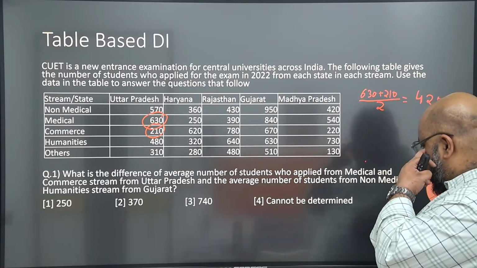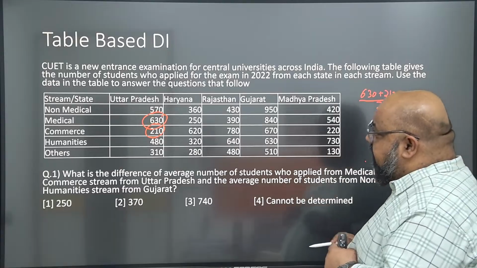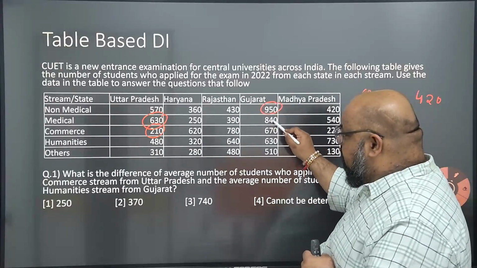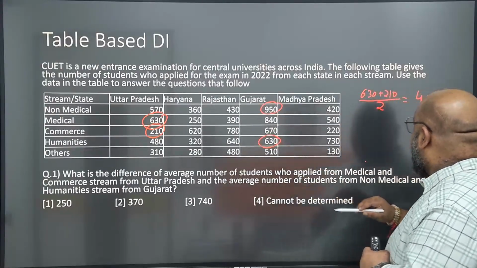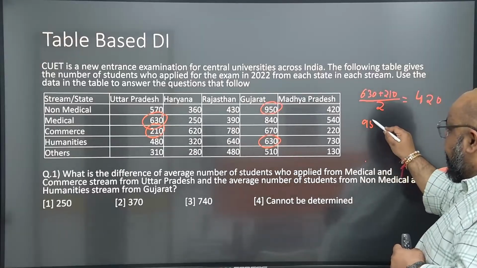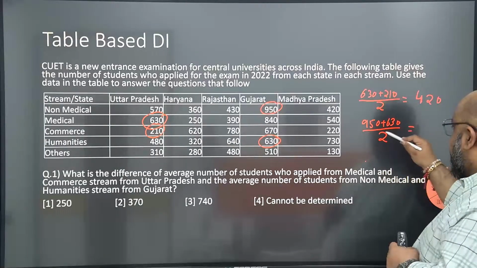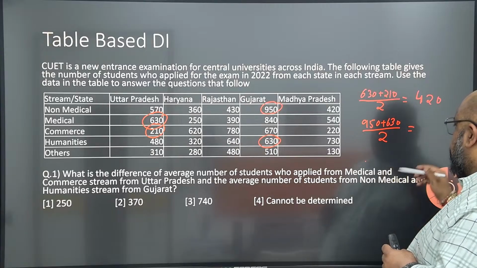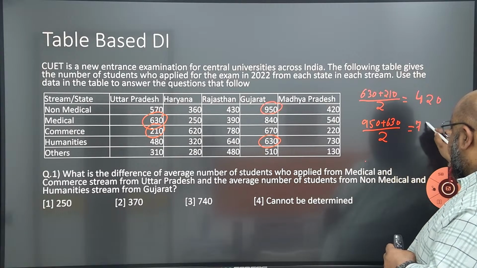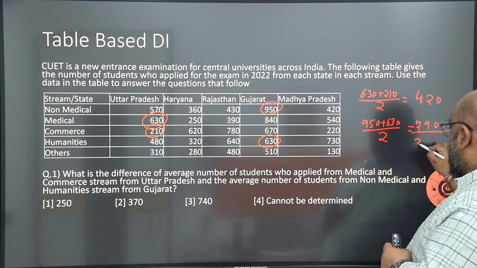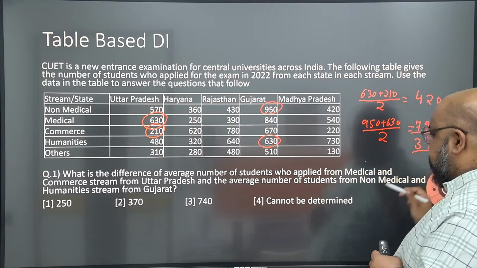Then non-med and humanities Gujarat: 950 plus 630 upon 2, which is 1580 upon 2, 790. इसका डिफरेंस लिया, 370 becomes the answer.